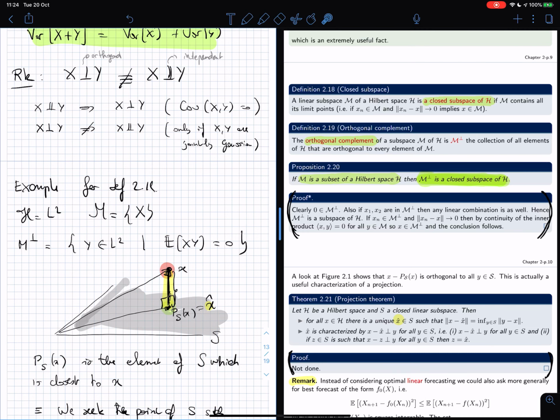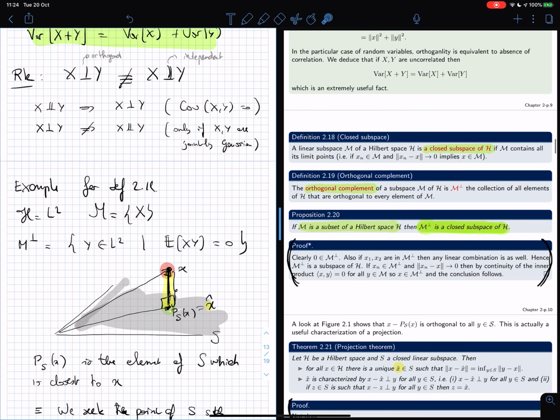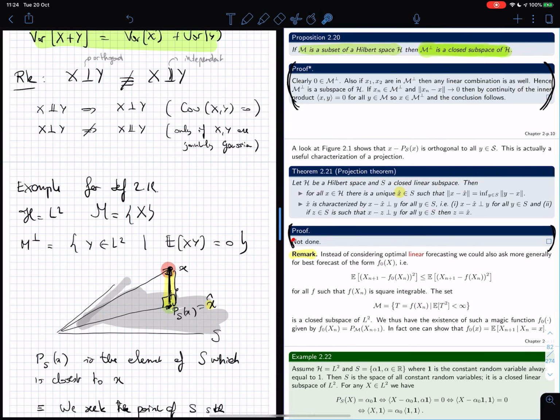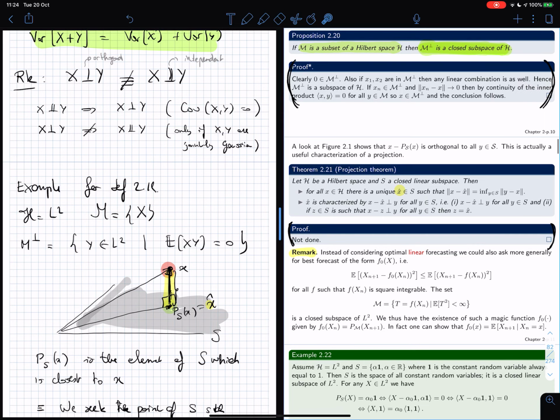Now you can show, but we don't do it, and it's actually not so hard, that if you have a subset of a Hilbert space, its orthogonal complement is always closed, meaning that it contains all its limit points. With this in hand, we could prove, but we're not going to, the following result, which is really important for us.